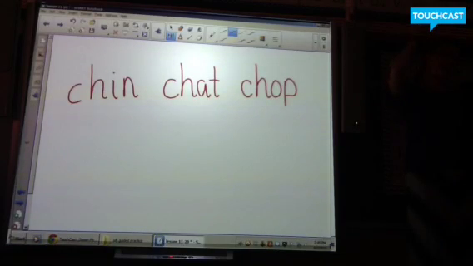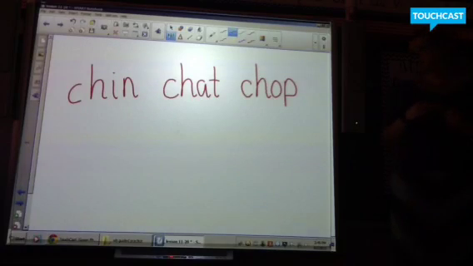Digraph. There you go. A digraph, because it's two letters coming together to make one sound. Ch is the English pronunciation for digraph CH. We will be discussing some other pronunciations of this digraph next week.